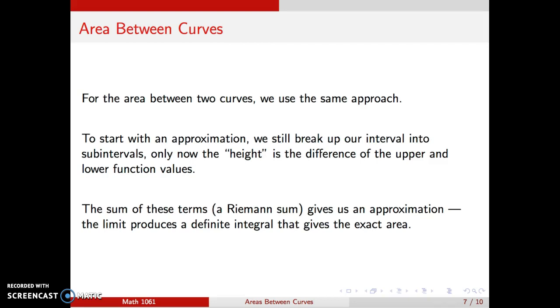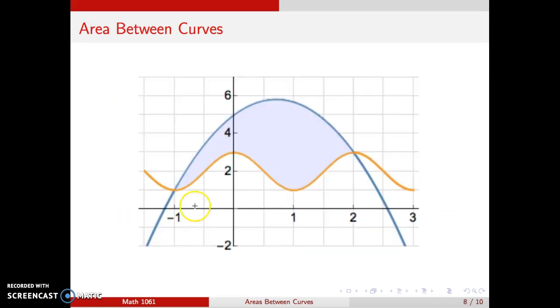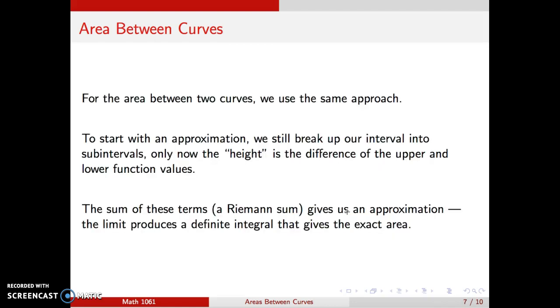So for the area between two curves, we're going to use the same approach. We're going to start with an approximation and break up our interval into subintervals. So I've got maybe something like that.